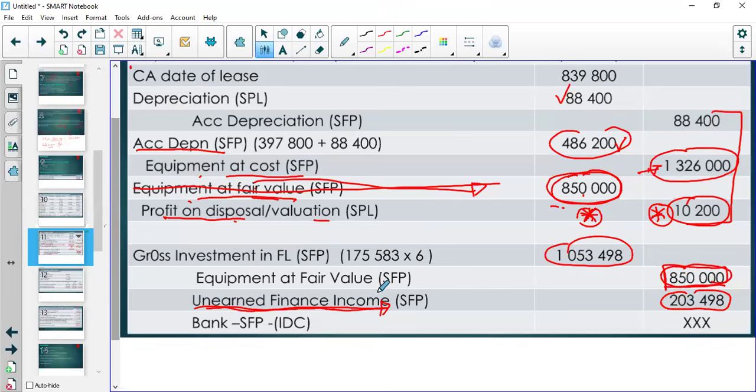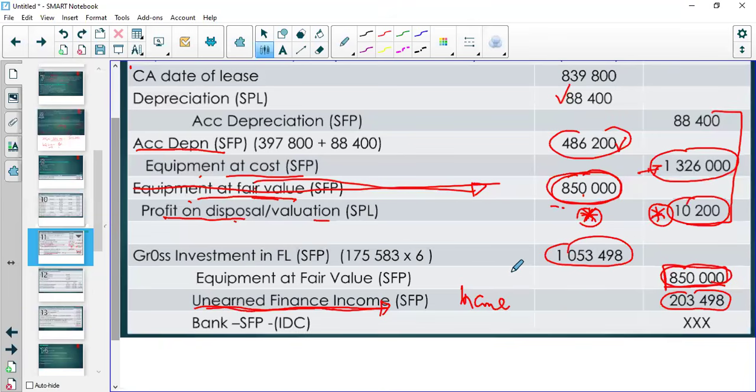Okay. And remember, this income, when we earn the income, is going to be included in profit or loss as income from lease.